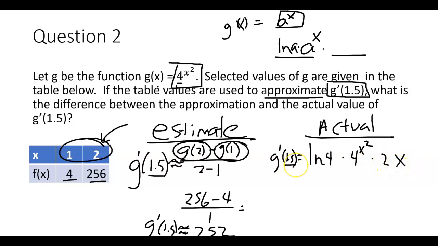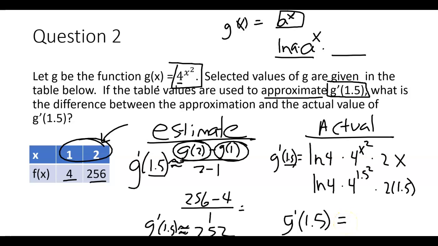And so if I want to evaluate G prime of 1.5, then I need to plug 1.5 into all of this. And for that, you're going to have to use a calculator, obviously. So this is a calculator-based question. So let's go ahead and do that. And so after I punch all that into my calculator, I end up with, rounding to the thousandths place, or that's 10,000th place, but whatever.